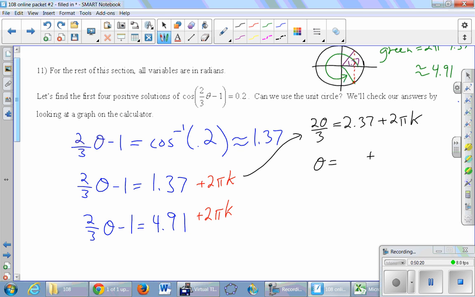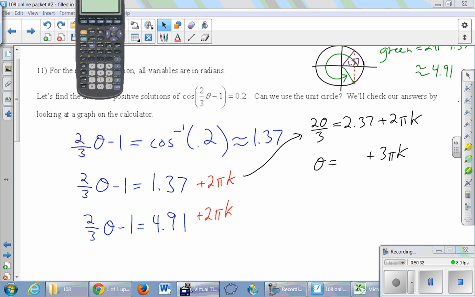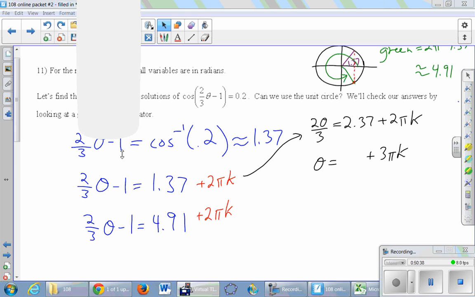If we do 3 over 2 on the second term, the thing with the k in it, we just get 3 pi. I think that's right. And then we need the 2.37 times the 3 over 2. Let's go ahead and make this bigger again.